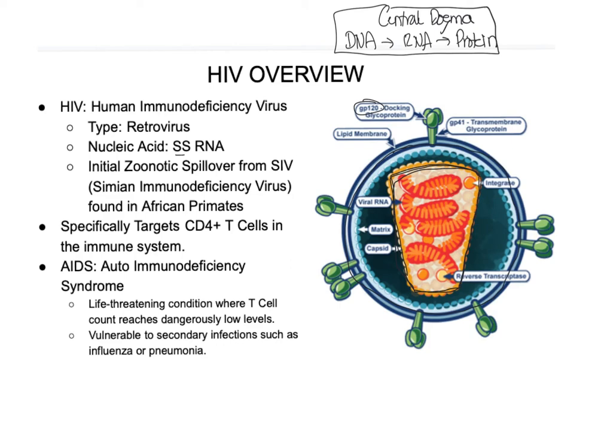It has single-stranded RNA that contains the information that's needed to replicate the virus. Now, there are lots of different types of viruses that contain different types of genetic information. Some have DNA, some have double-stranded RNA like COVID-19, but this particular virus has single-stranded RNA.